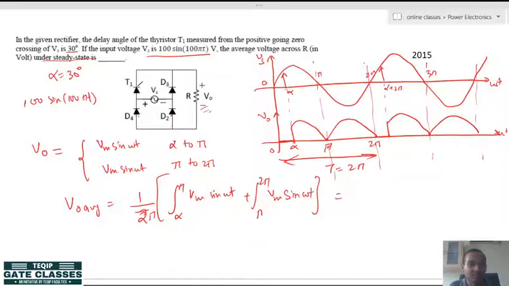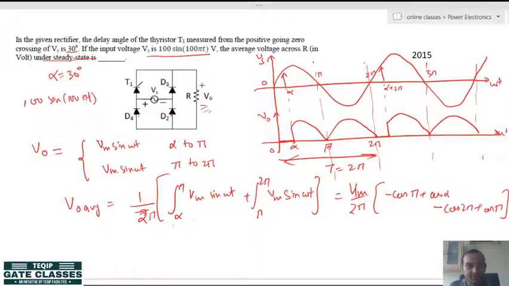If you solve them, you will get 1 upon 2 pi, Vm can come out as common, integral of sin omega t means minus cos pi plus cos alpha, and again minus cos 2 pi plus cos pi.